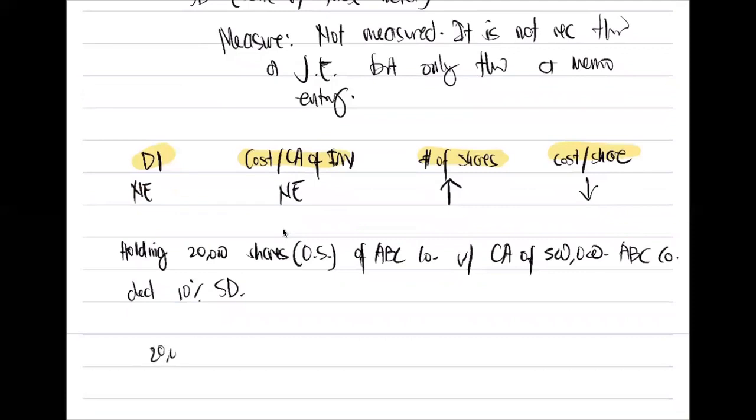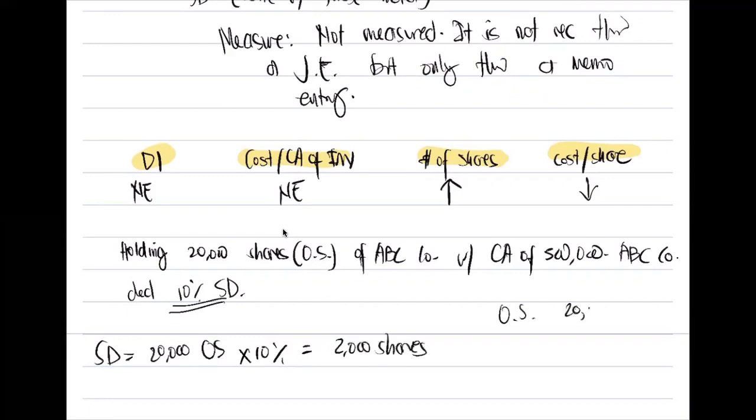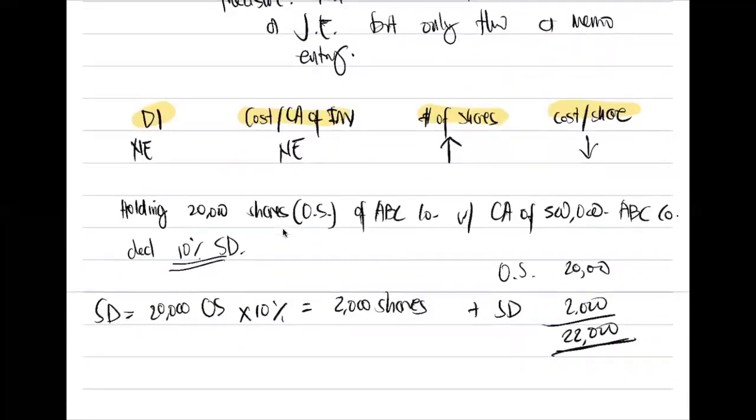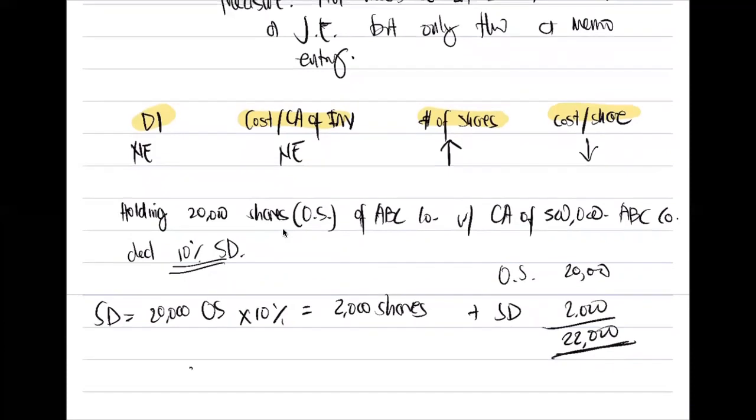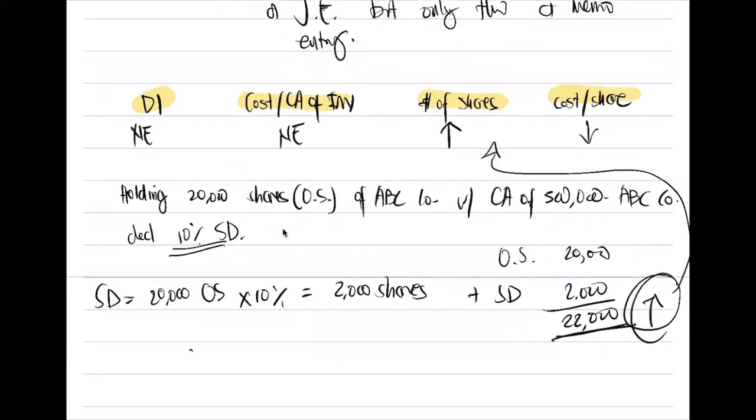So we have 20,000 ordinary shares, and we will receive a 10% stock dividend. Multiplied by 10%, what is the amount of your stock dividend? 2,000 shares. So we have your original shares of 20,000 and your stock dividend of 2,000, for a total of 22,000 ordinary shares. From the original 20,000, it became 22,000.